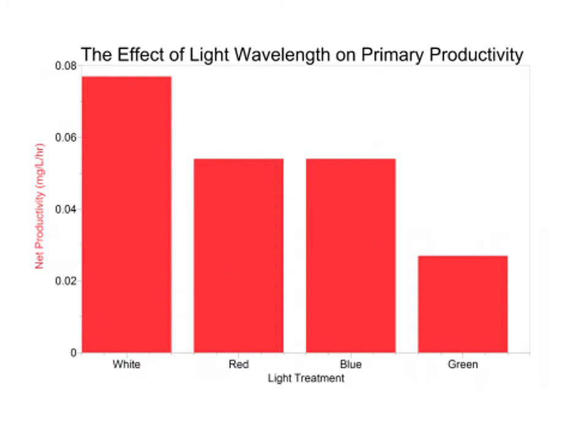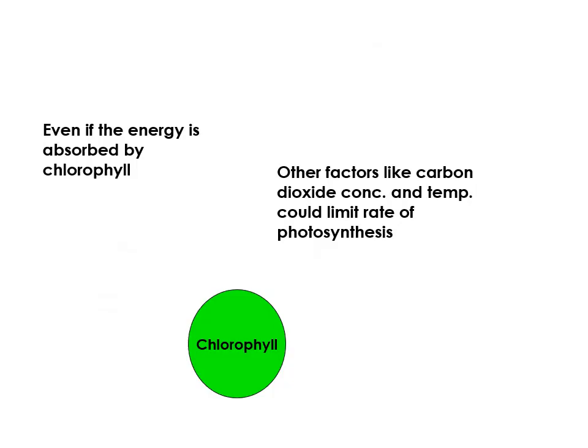efficiency exists. And even if the light energy is the right wavelength, it does not mean that when it's absorbed by the chlorophyll, that light energy will be converted into chemical energy in the glucose, because there are other factors like carbon dioxide and temperature which could limit the rate of photosynthesis.